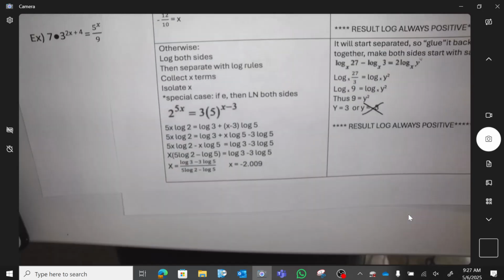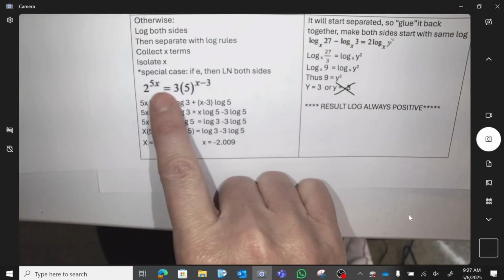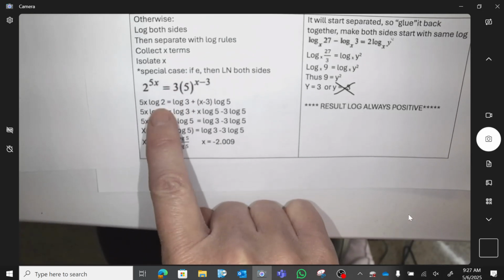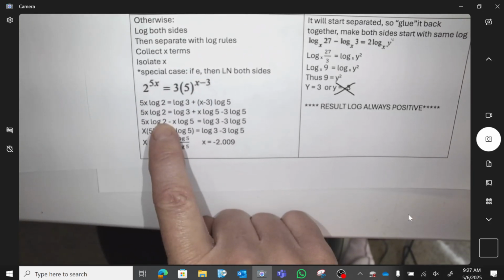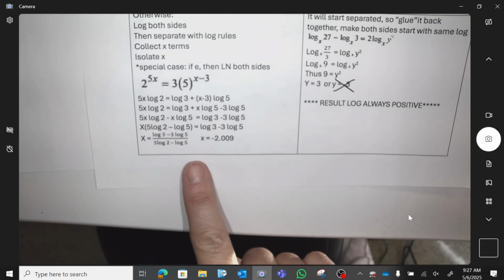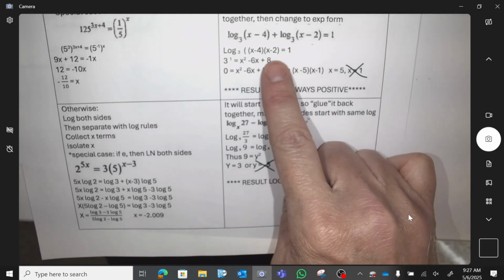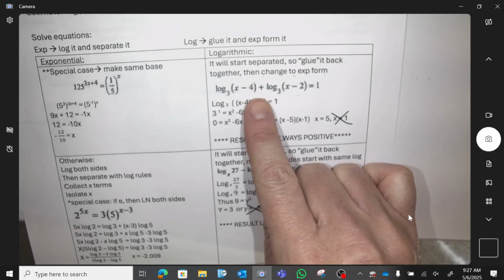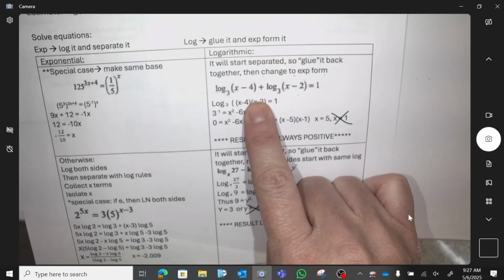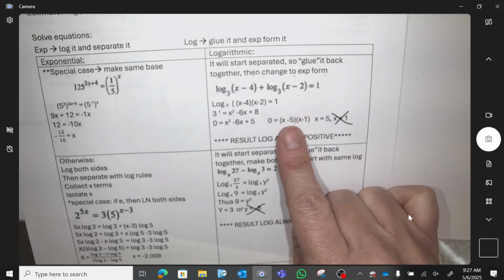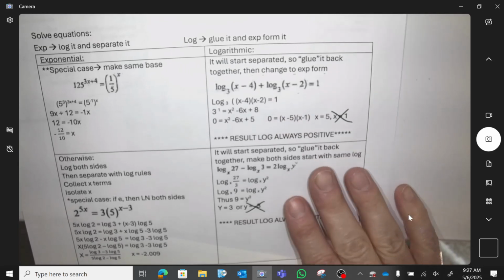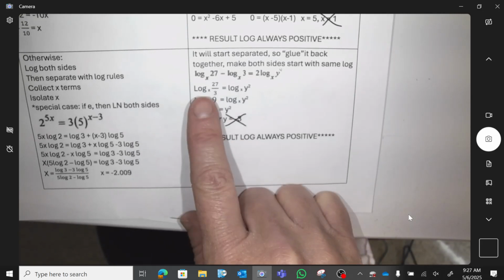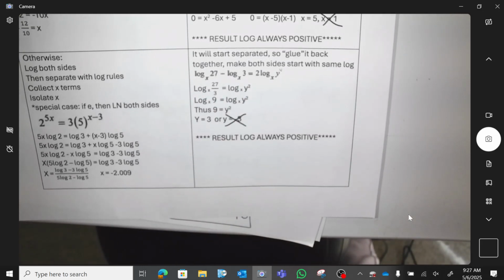Then, now we've learned this, where we can't do stuff with the same base. So what do? Log it, separate it. Now we've learned log, so what do? Glue it, change the format of it. Or this one is special because it's logs on both sides.